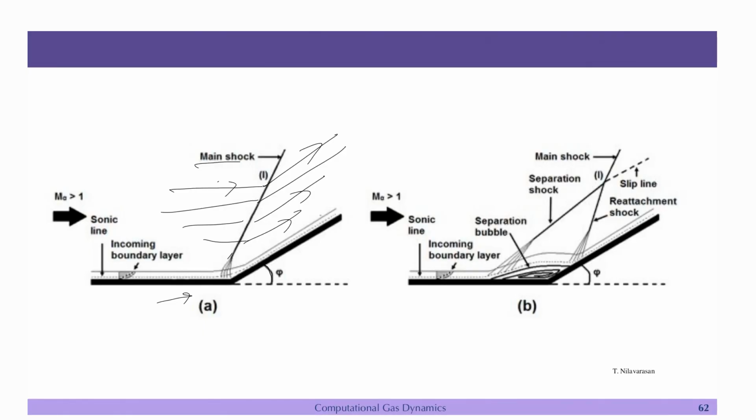When there is a shock the pressure increases, so it is an adverse pressure gradient flow. Normally the flow goes from high to low pressure, but because of the shock you are creating a situation with an adverse pressure gradient, right.